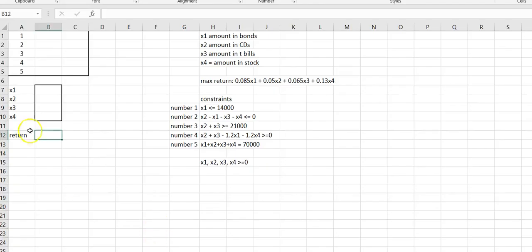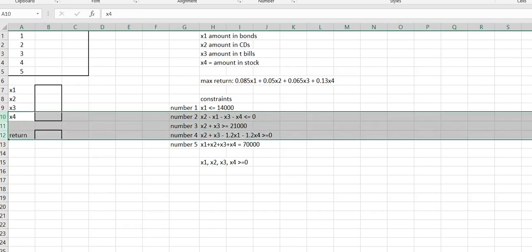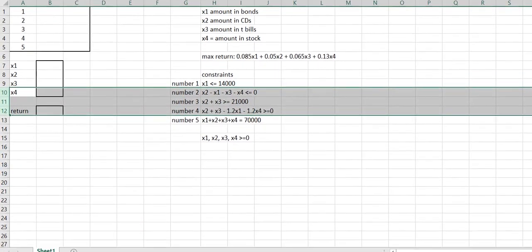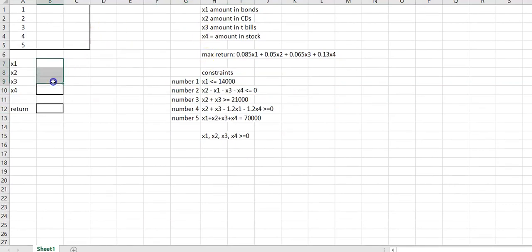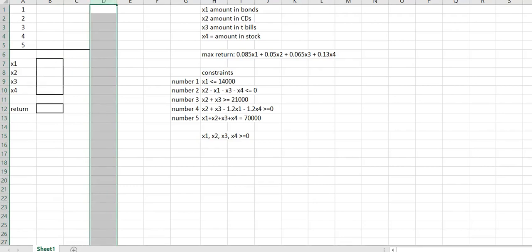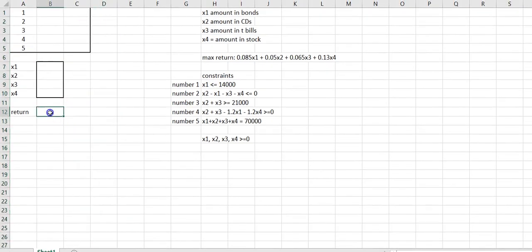Okay, now let's go to our spreadsheet. All of those are listed there. Our X1 through X4 are those blank cells. Our return is going to go in B12. Here's our return equation.